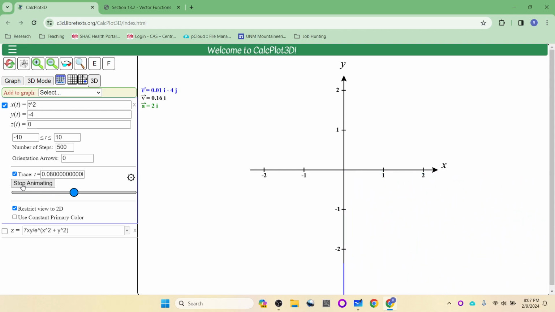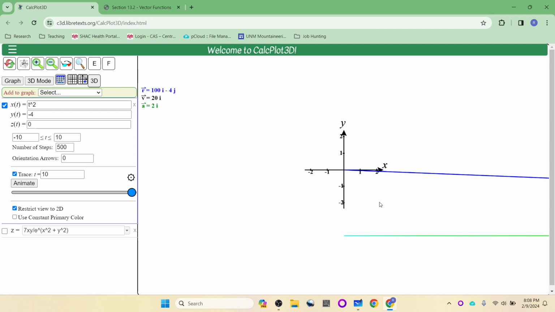Okay. This does, in fact, what we were saying earlier. Let's zoom out the y so we can see the whole thing. There's the 4 down there. So if I push trace, let's plug in a value for t, like 1. And it shows where it's pointed.